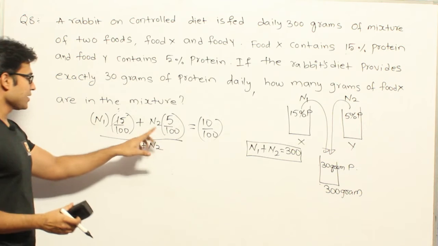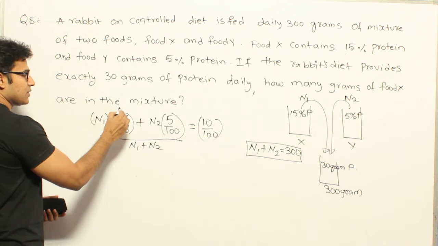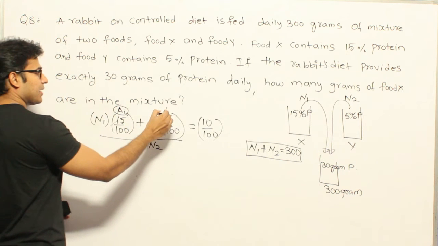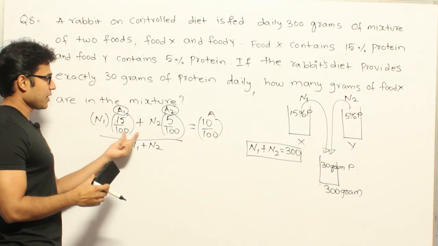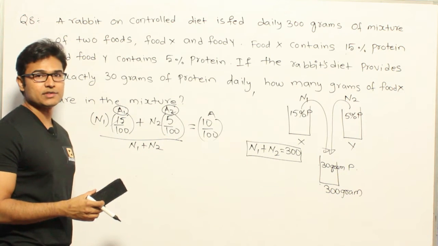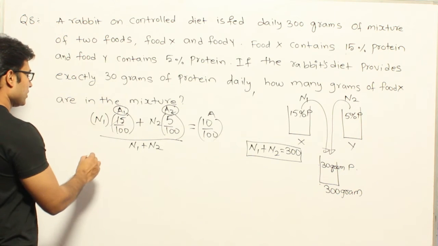Now if you see this, it looks just like the alligations formula, where this one is A1, this one is A2 and this one is A. Average of one group, average of other group, and this is the final average. Now if you want to find out the ratio between N1 and N2, you can directly write it, right?